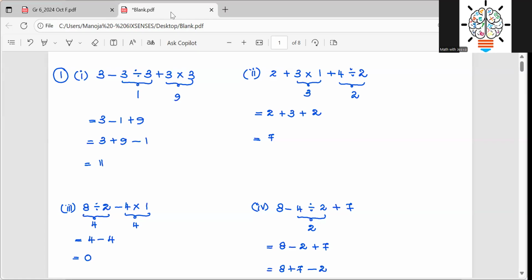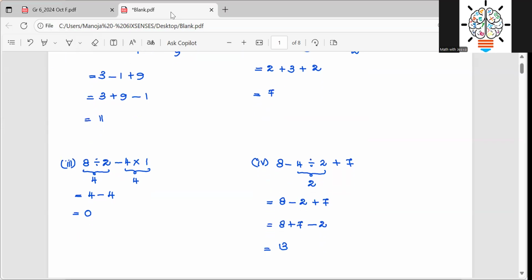Yes, the final answer should be 7. And 8 divided by 2, subtract 4, multiply by 1, then the division and the multiplication, it should be 0. And 8 subtract 4 divided by 2 plus 7, so it should be 2, 6, 13. Correct. So all answers are correct.